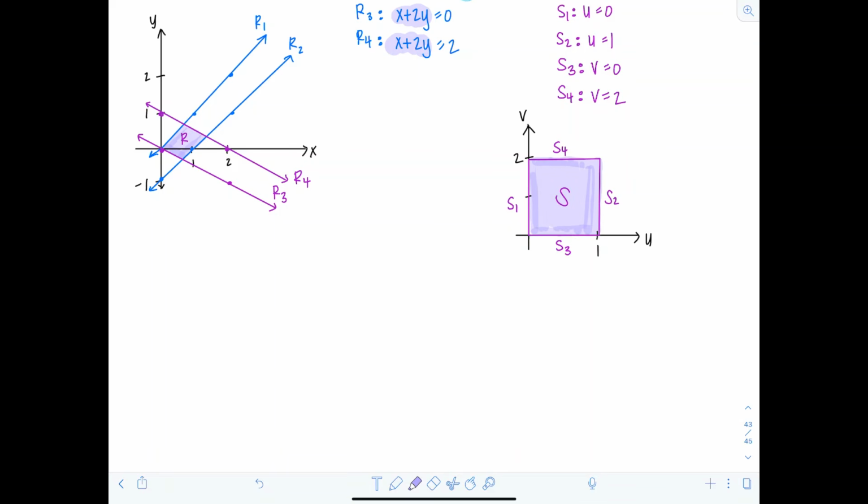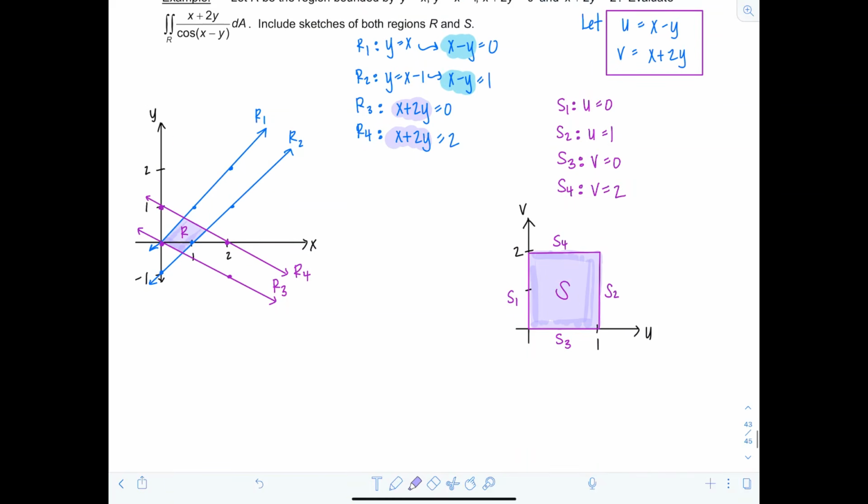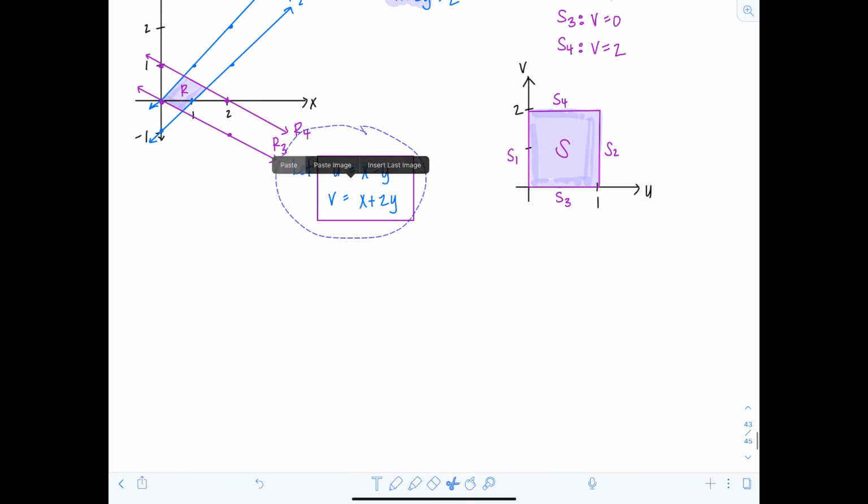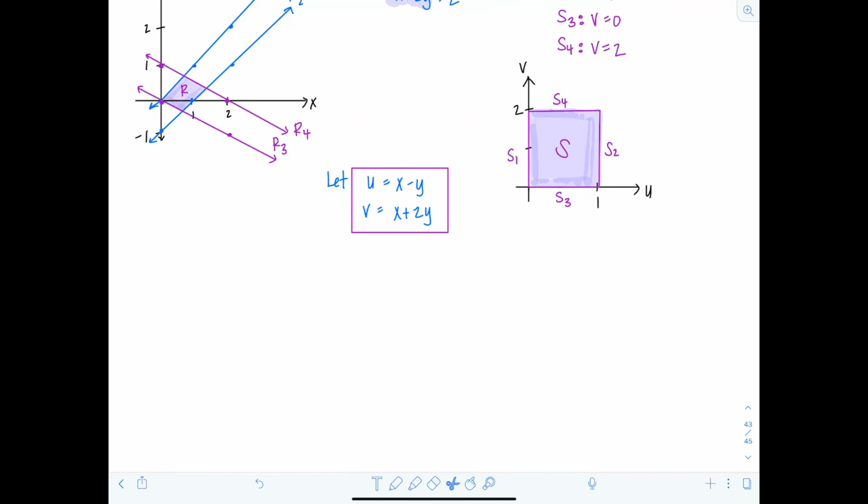All right, now we have to figure out what x and y are going to be in terms of u and v. So remember here, let me copy this. Copy, paste it down here. If I subtract the two equations, u minus v, x will cancel out and I have negative 3y. That means y equals negative 1/3 times u minus v.